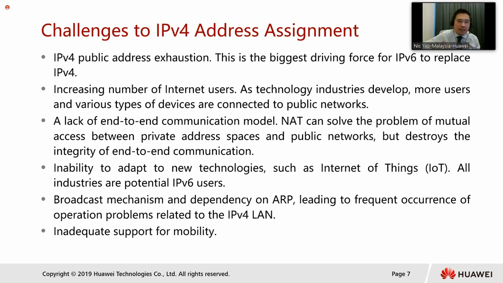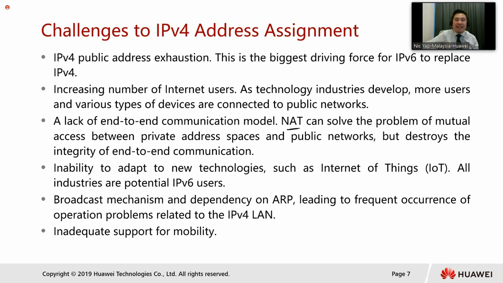Before IPv6, they already had one solution. We call this NAT, Network Address Translation. They do the translation to translate multiple private IP addresses to become one public IP address, a many-to-one translation.